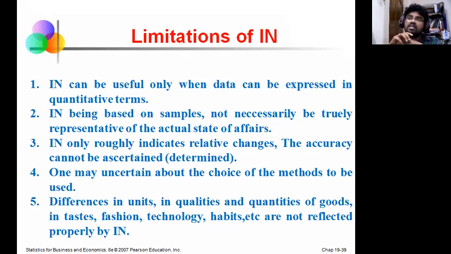But within the class, some are rich and some are poor. Whatever sample I have taken, if the rich person is not included in my sample, am I right? Then if I conclude an average, his expenditure is very far from the average expenditure of the student. That is the case: not necessarily representative of the actual state of affairs.